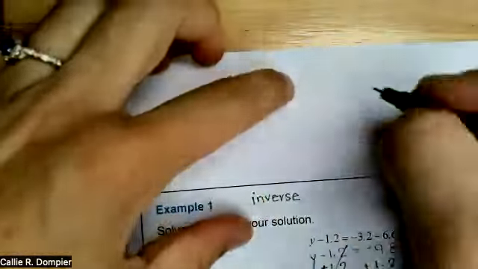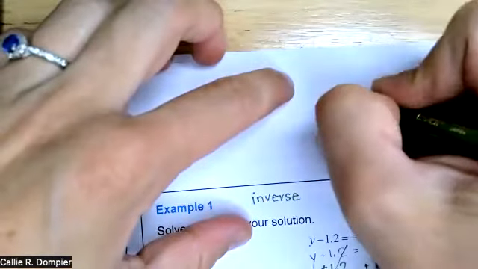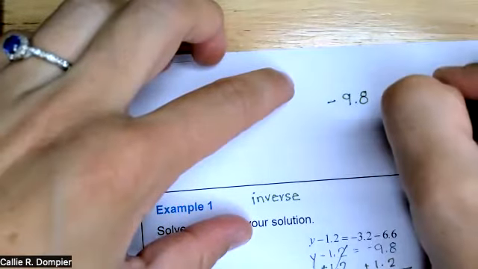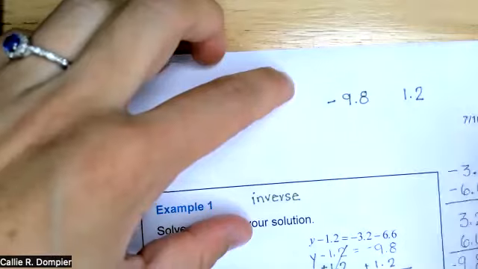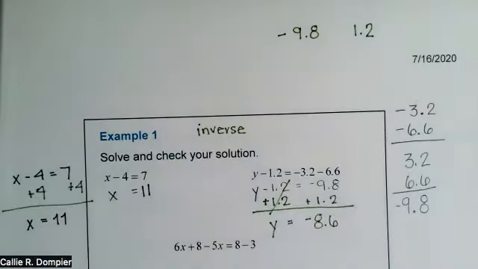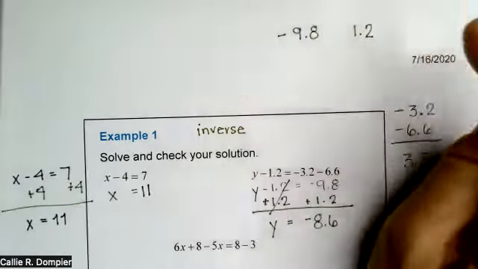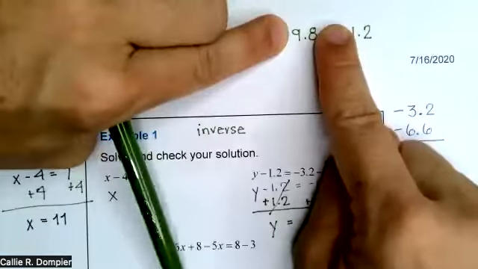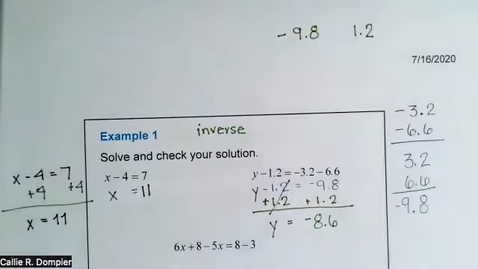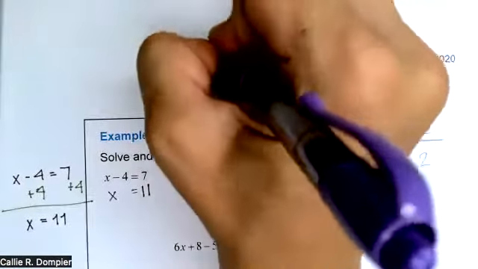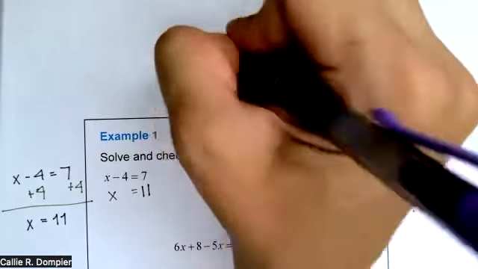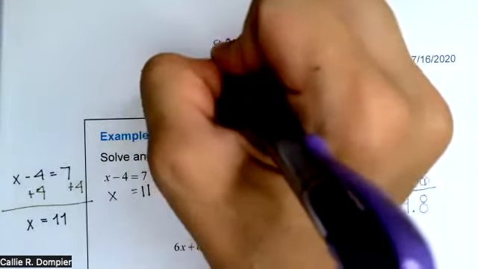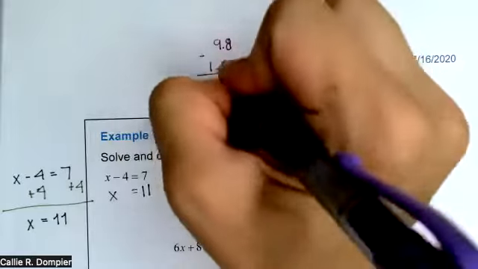So anytime you have a negative number and a positive number and you're combining them, you're subtracting, okay? If you're subtracting by hand, you always need to take the greater number. So ignore the signs. The greater number here is 9.8, put it on top, then 1.2, and subtract them.